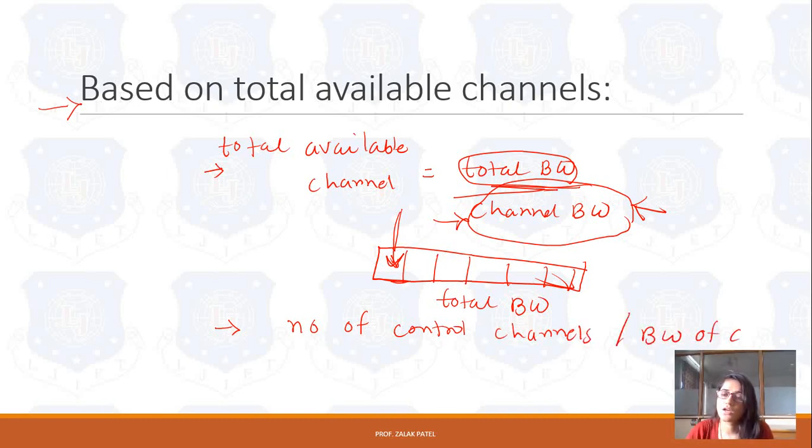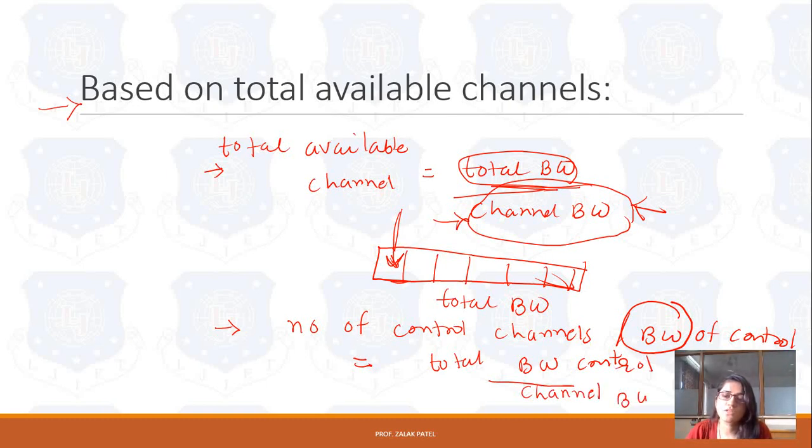If the bandwidth of the control channel is given, then you can find the number of control channels by the total bandwidth for control channel divided by the channel bandwidth. So this is how you can find the number of control channels.